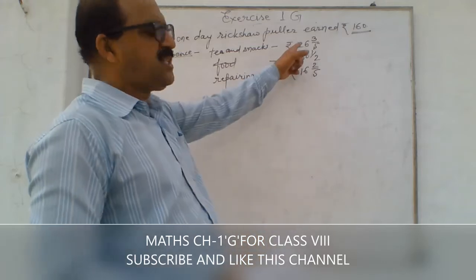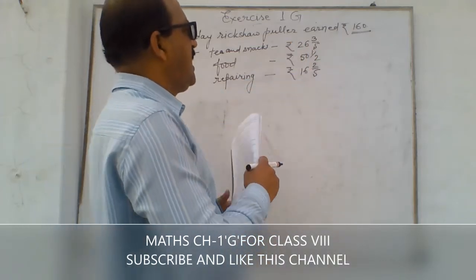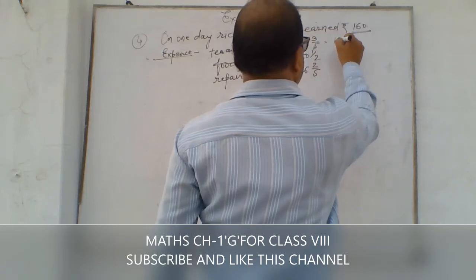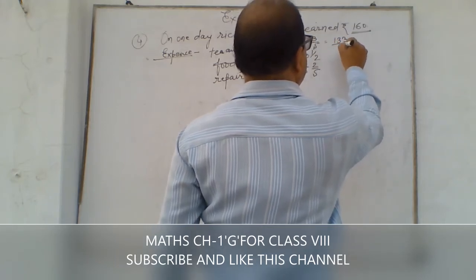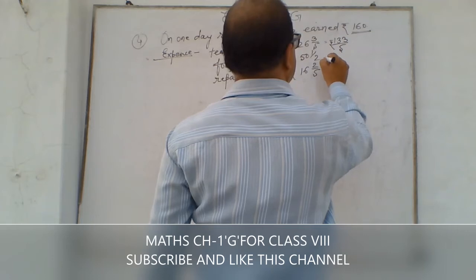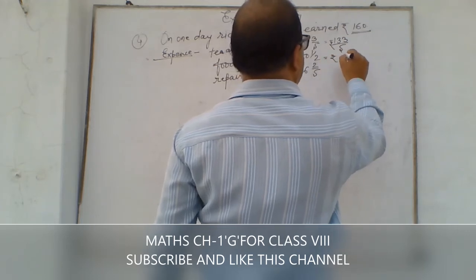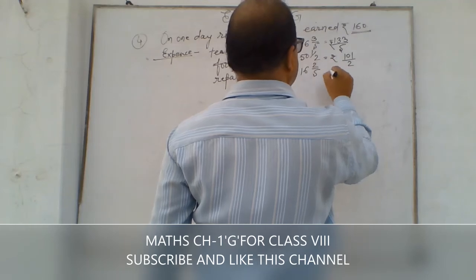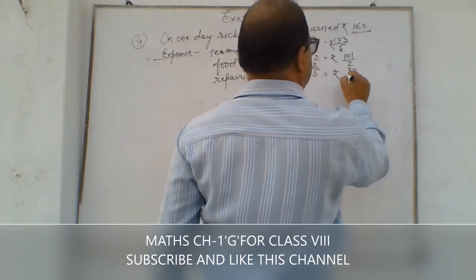So the given mixed fractions will be changed into improper fractions. 133 by 5 rupees, this one 101 by 2 rupees, and this one 82 by 5 rupees.